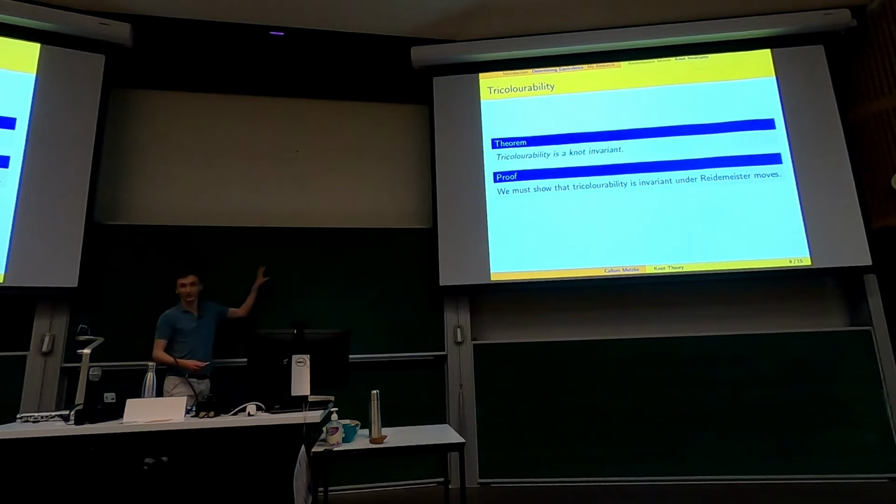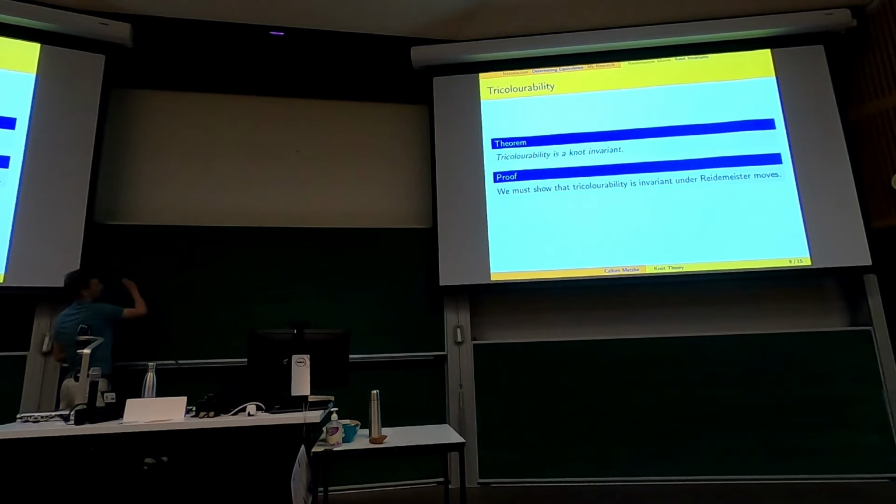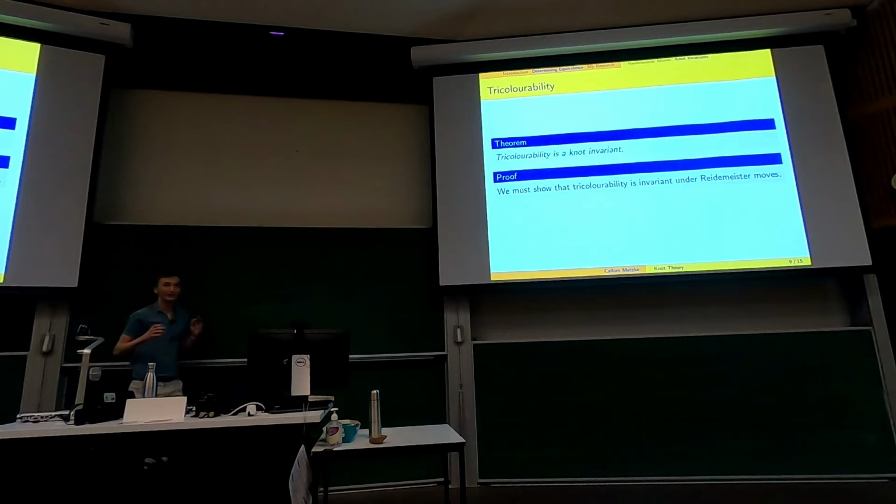Let's assume that this is tricolorable. We have 2 cases. We have that either the top strand is red and the bottom strand is blue, or whatever, they're just different colors. Or we have the case that they're both the same color. So we need to prove that, yes, when we manipulate it like this, it's still tricolorable. Let's do it.